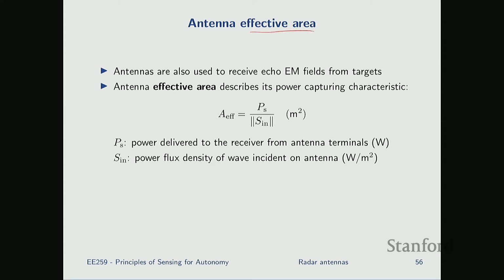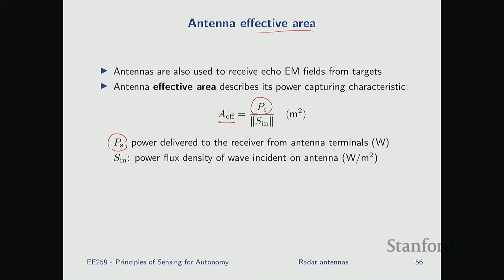What the effective area describes is how well the antenna is going to capture the power in a received echo. It is characterized as the ratio of the power that the antenna will deliver to the receiver circuitry at its terminals, call that PS. Okay, so that's the power.